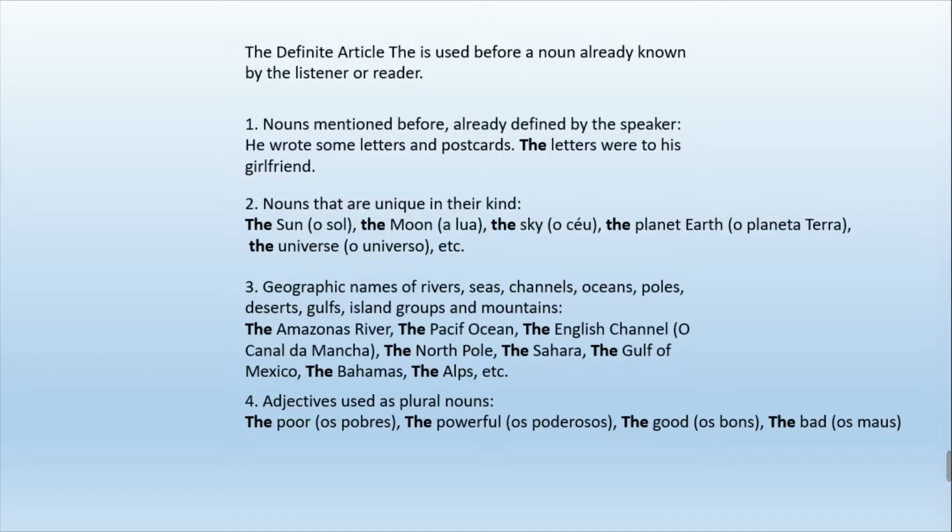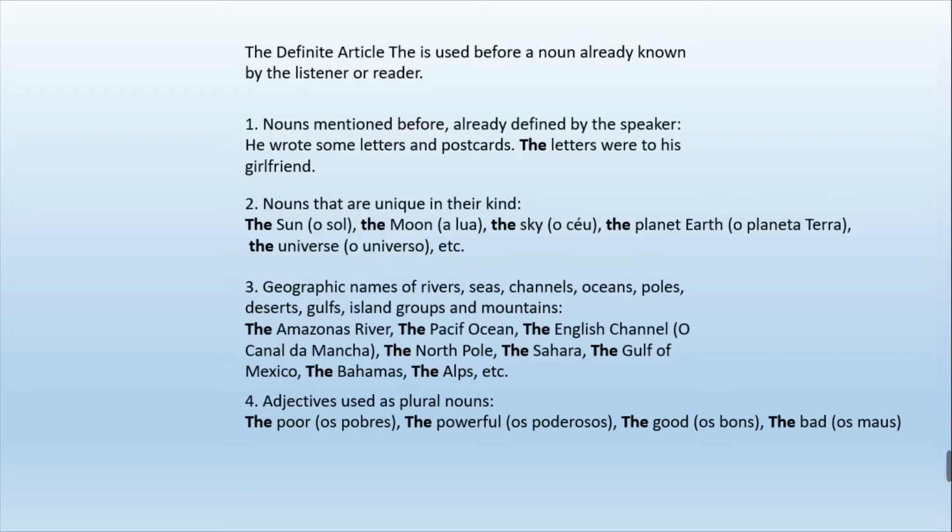So you have to agree in the plural, obviously, because you're talking about the plural. So they, right? The poor, they, the rich, they are, they have, they need. The intelligent, they, the good, the bad. Because it's implicit the poor people, the intelligent people, the powerful people, the good people are, the good people have.